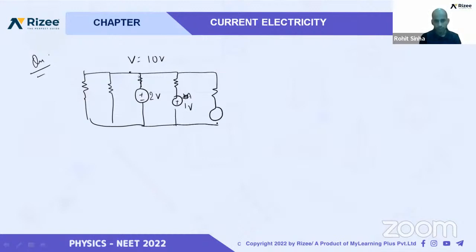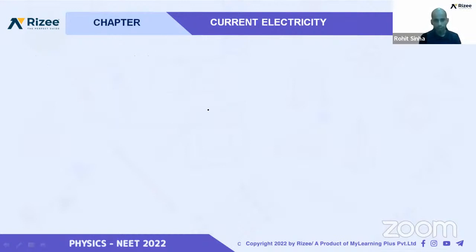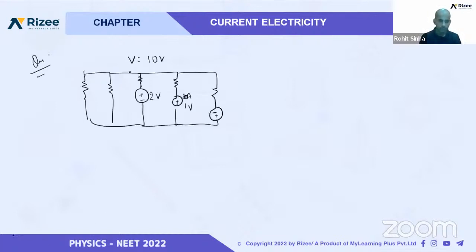I put here minus plus. It is 1 volt. It is 2 ohm, 2 ohm, 2 ohm, 2 ohm like this.